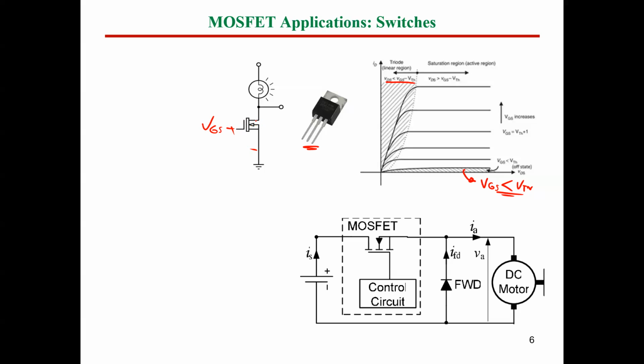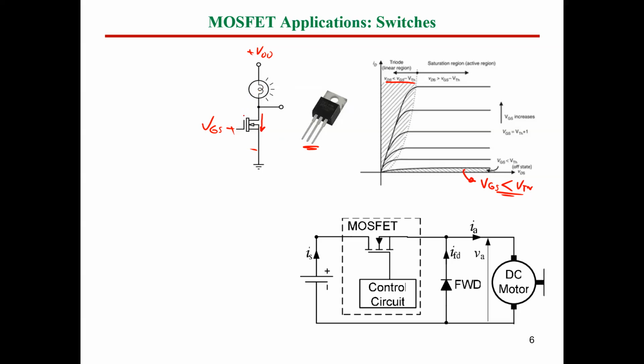If this switch is turned on, the drain to source will flow a current because we have a channel from drain to source and we have now ID. This means the load will be connected to ground, and from the other side, it's connected already to the supply voltage VDD. So we will have a voltage drop across this load, and in this case, we can consider the switch is turned on.